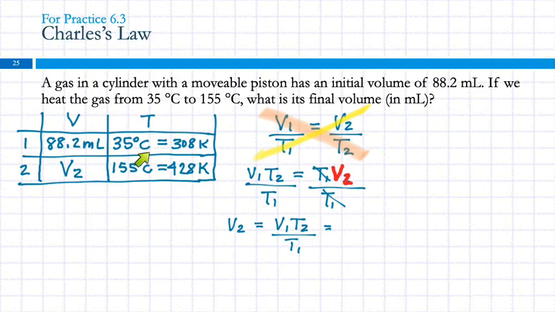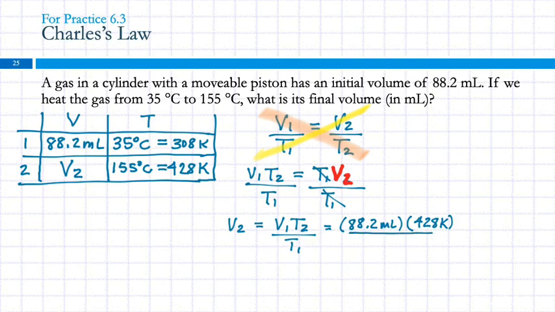I have these values all labeled over here, and so I'm going to put them in. Be careful because it's easy to get them mixed up. Volume 1 is 88.2 milliliters. Temperature 2, down here, is 428 Kelvin.